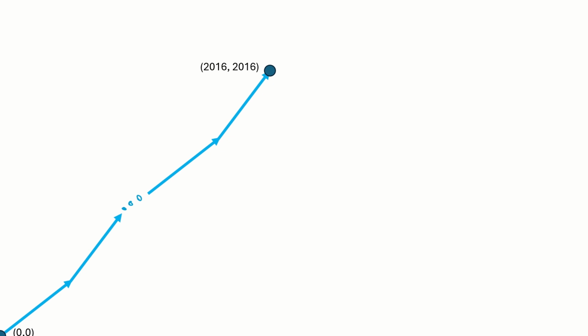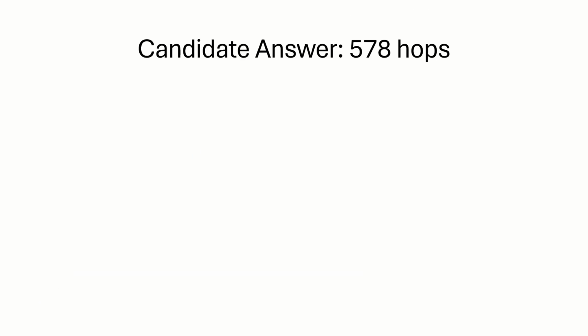However, we can get to the point (2016, 2016) in 288 times 2 hops, or 576 hops. And then we can take a (5, 0) hop and a (0, 5) hop, making for a total of 578 hops. This seems like it should be the fastest way to get to (2021, 2021).